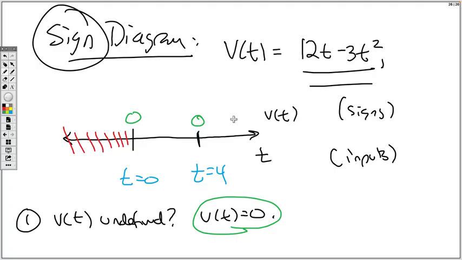So let me ask you this. I'm trying to figure out the sign of this function on these intervals. Let me pick a value between 0 and 4. What's your favorite number between 0 and 4? 2. Okay? Let me figure out what the sign of the velocity is at 2. When I plug 2 into the velocity, I don't care about the actual value.